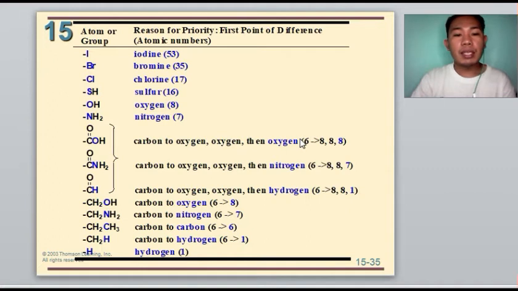Thus, the CH bonded to two O has a higher priority than the CH2OH, in which carbon is bonded to only one oxygen.